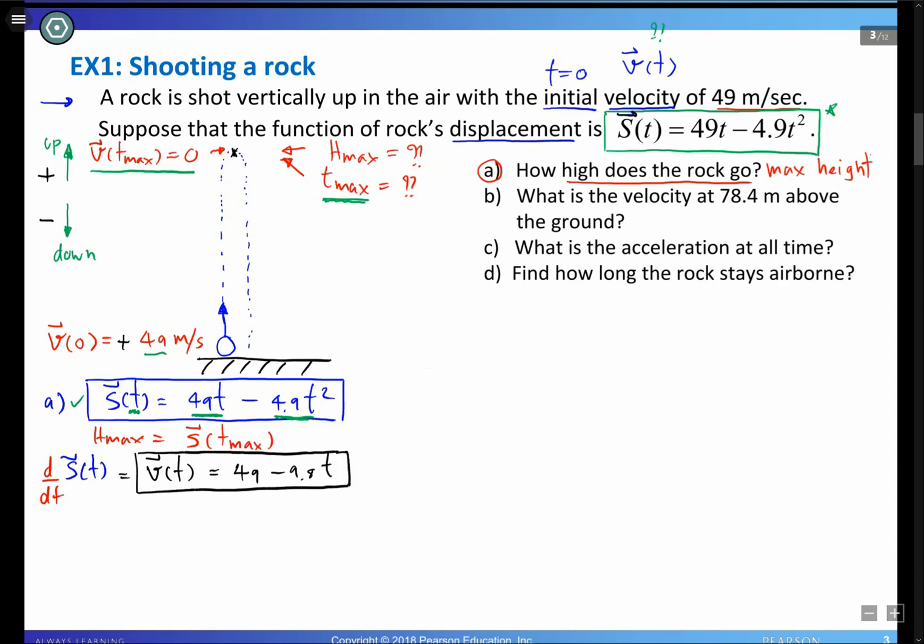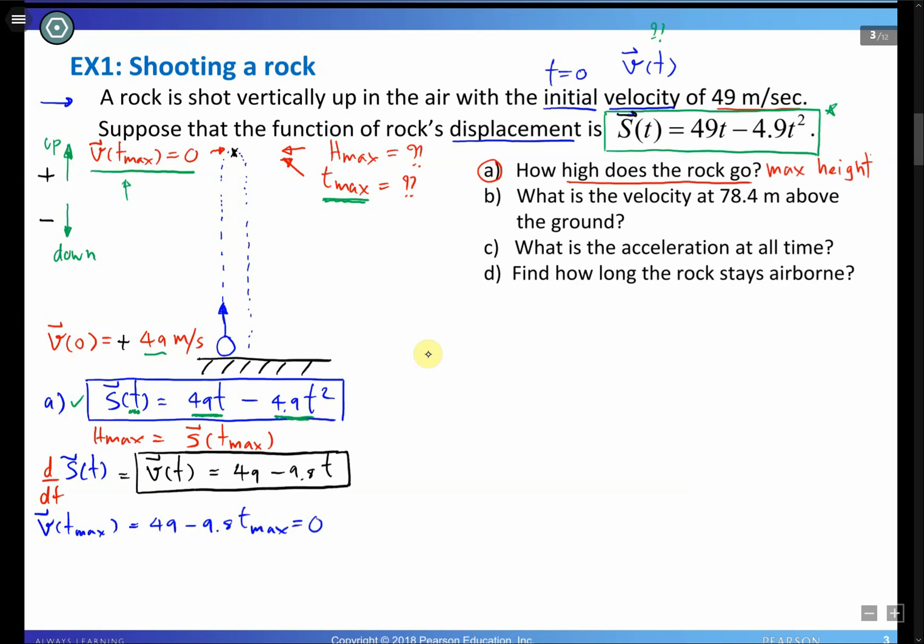And we are going to come back to this equation right here. V of t max has to be equal to 0. So let's put t max in. So V of t max, 49 minus 9.8 t max, has to be equal to 0. Okay, so we are going to move things around.